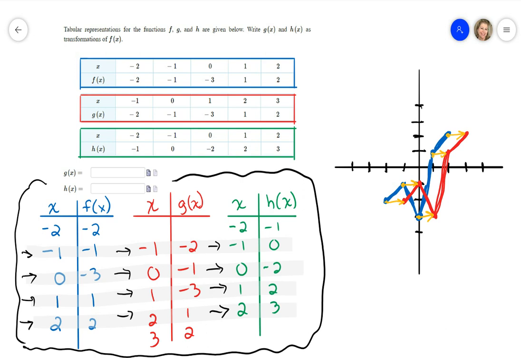So, since it moved 1 unit to the right, and g of x is the red one, let's see, the question says to write g of x and h of x as transformations of f of x.